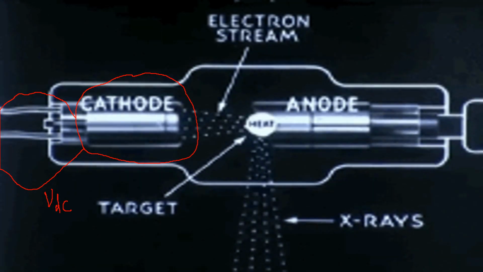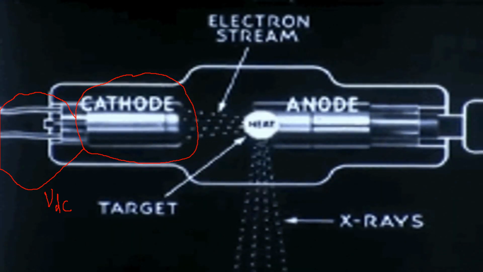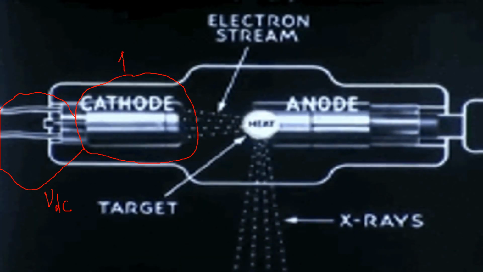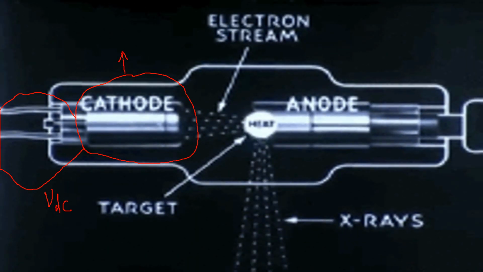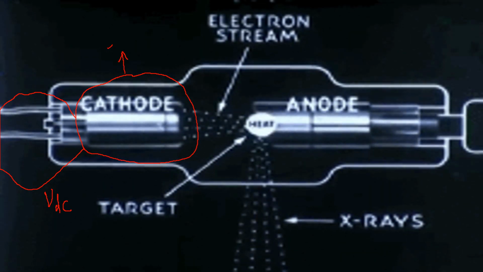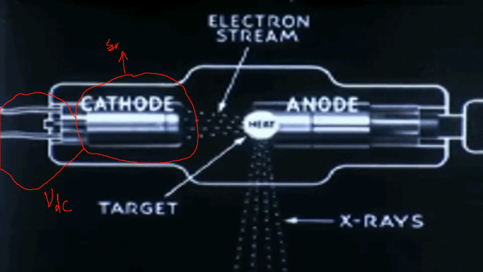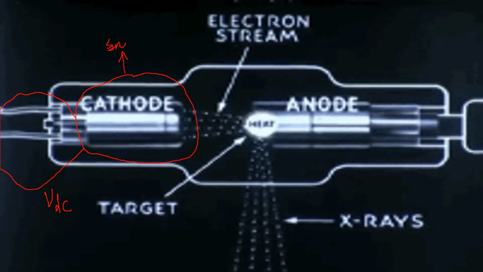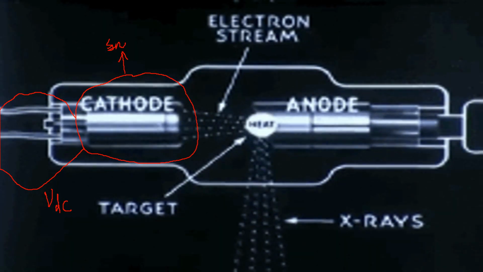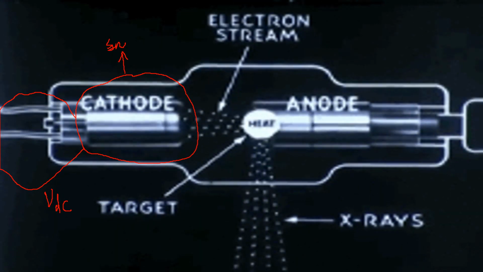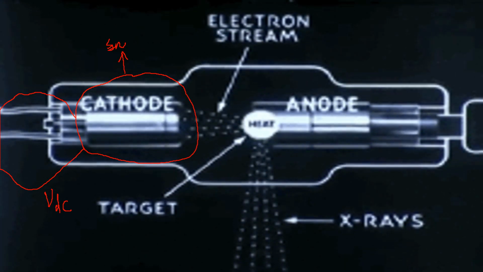Usually the cathode is made up of tungsten material, which works on the liberation of electrons due to thermionic emission.